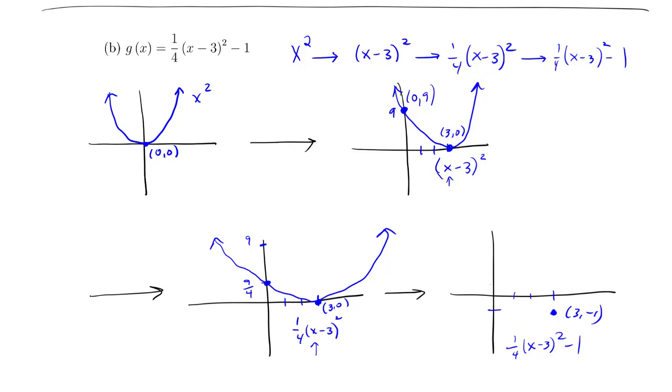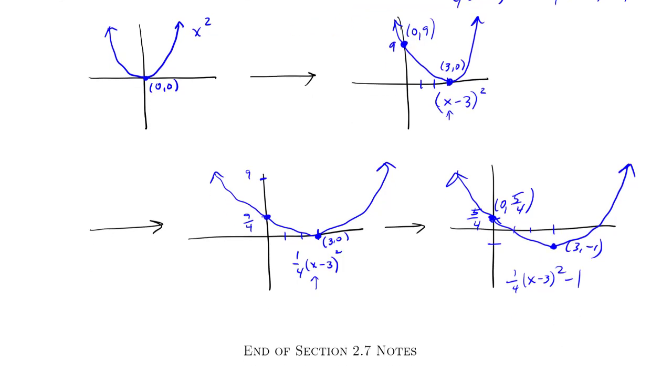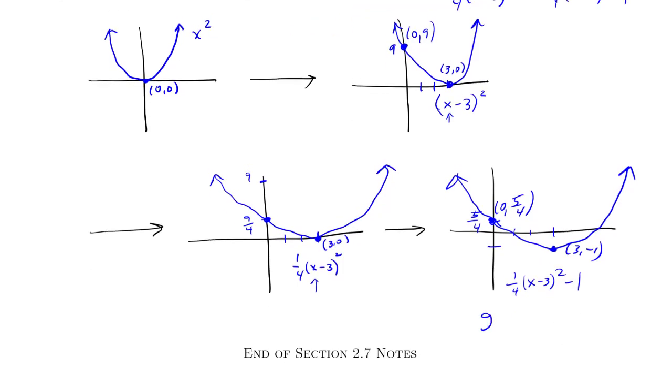So it would now be just at 5/4. Okay, so then I would basically just have this. Okay, so that's the point 0, 5/4. And what I've gotten here is my resulting g of x is 1/4 x minus 3 squared minus 1. And there we have it.